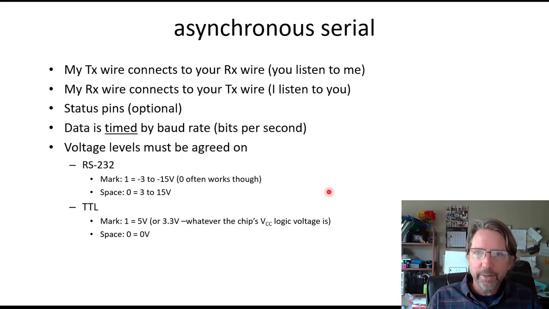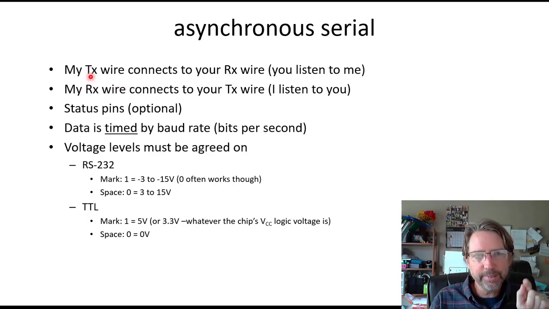So in terms of wiring, you really need just 2 wires to do asynchronous serial, and sometimes you only use one or the other, depending if you're communicating back and forth or just in one direction. So TX stands for transmit, and RX stands for receive, and the wiring here is a little confusing to people sometimes. You have to connect my transmit to your receive.